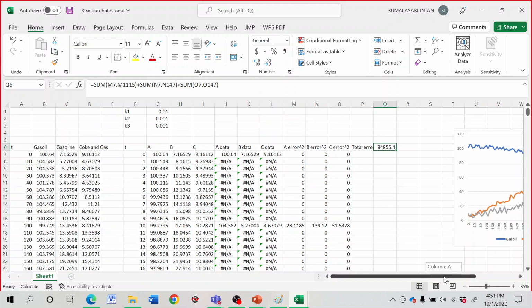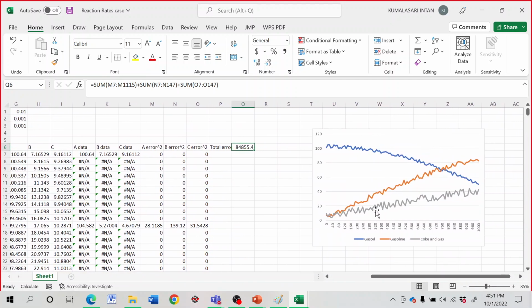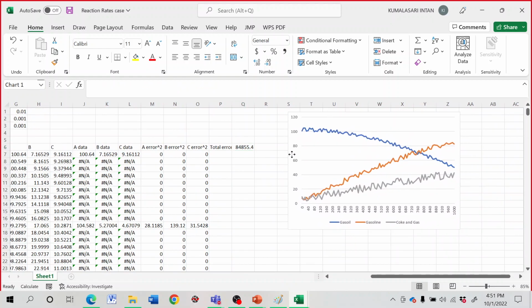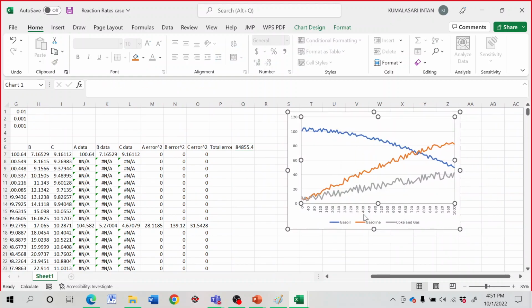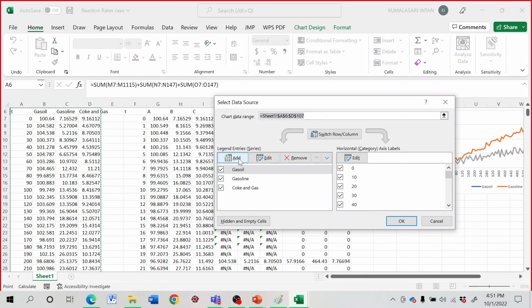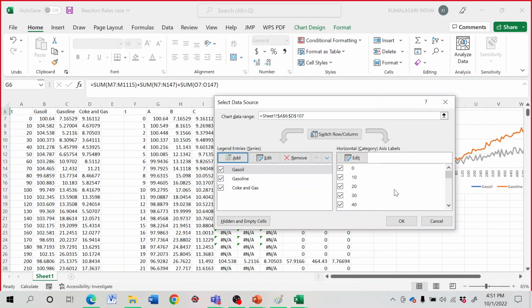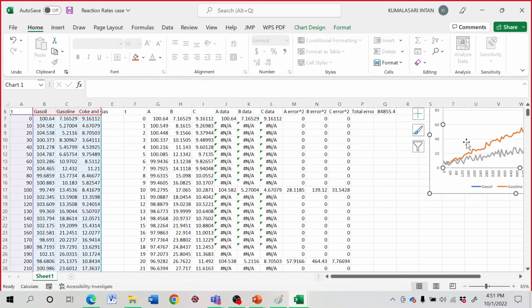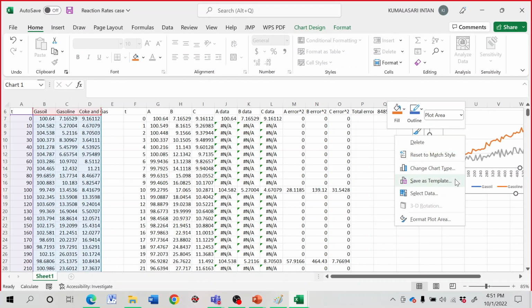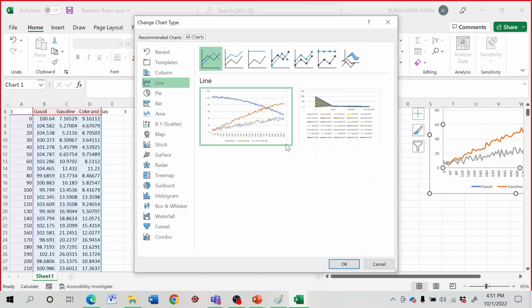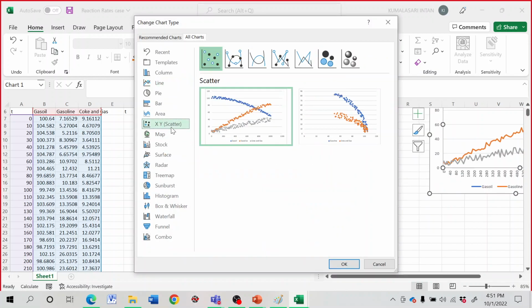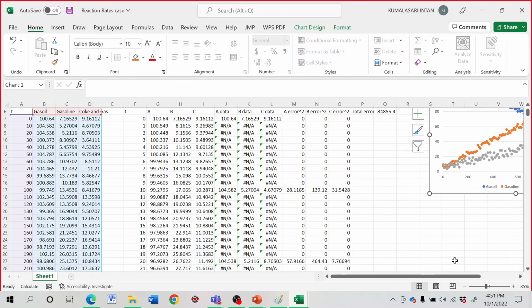So let's try to make a plot, so that you can see. I have now added a, sorry, I'll have to change that type into that one, right? Yeah.